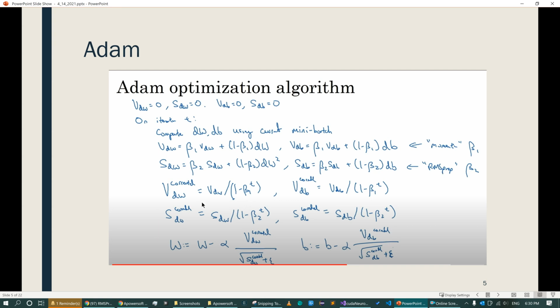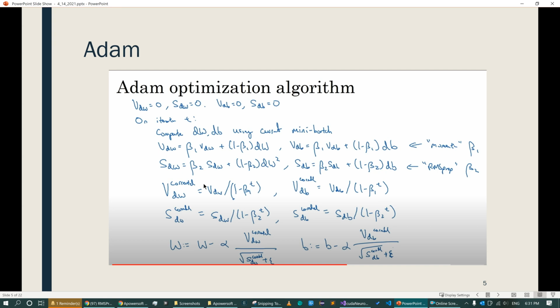Then we update with this new equation, which is basically w minus alpha, the learning rate, times the vdw. We can also correct this by dividing by 1 minus beta to the power t.